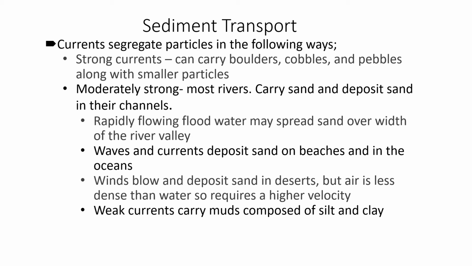When the river recedes, then all that material is left behind. Waves and currents will deposit sand on beaches and in the ocean, and wind will blow in deserts and deposit sand. Air, though, is less dense than water, so it requires a higher velocity to move the sand. And then weak currents will carry muds composed of silt and clay, the two smallest of our particle sizes.